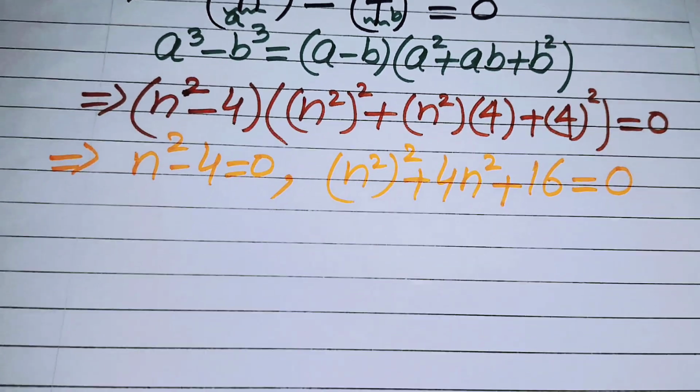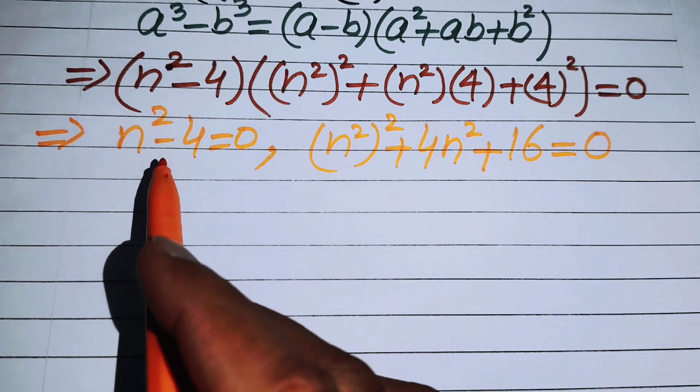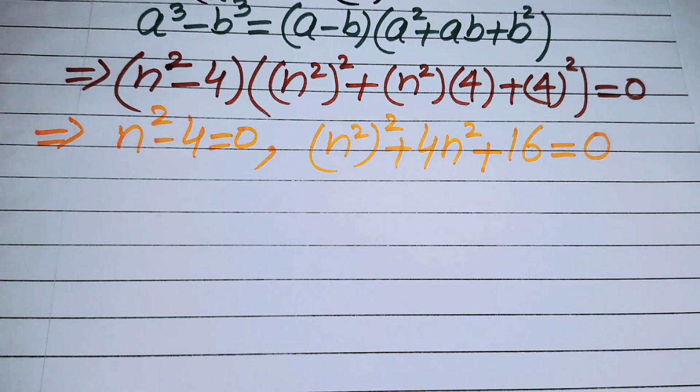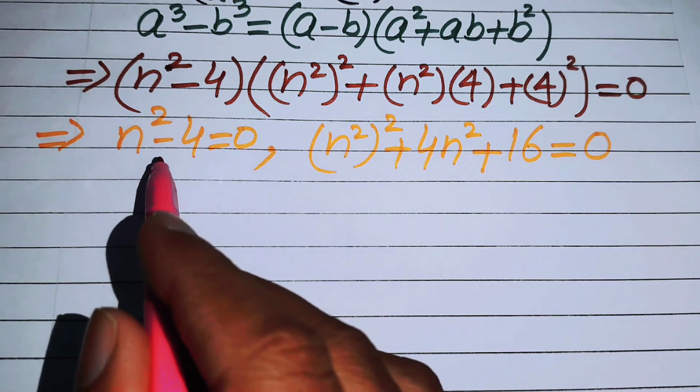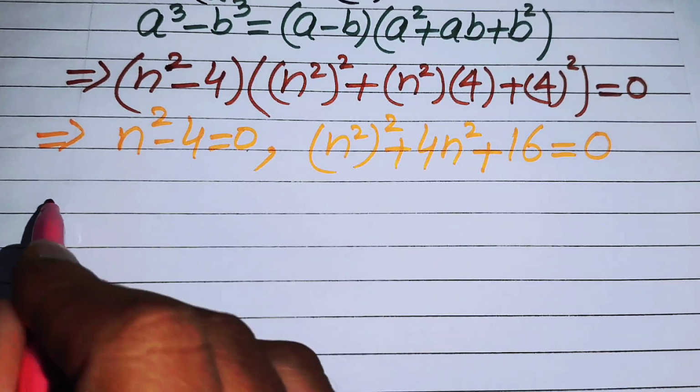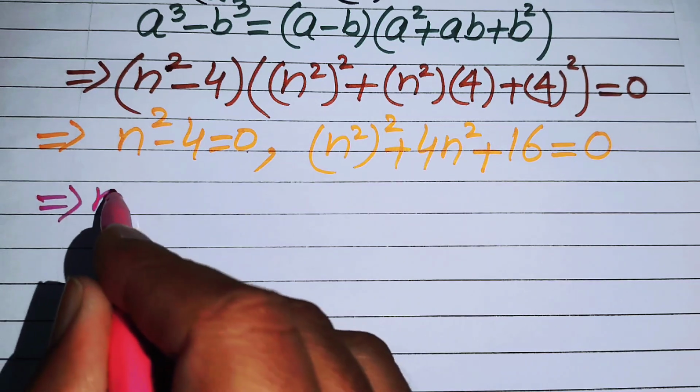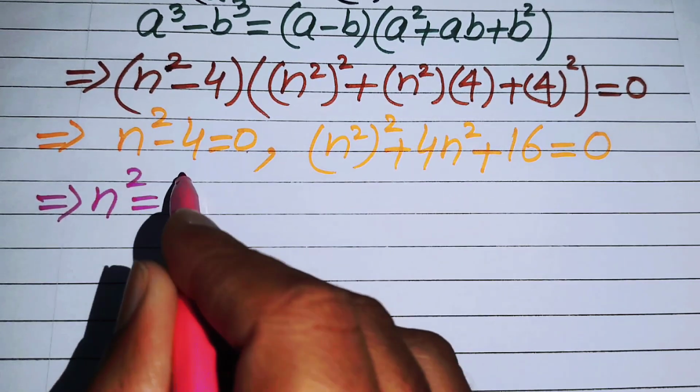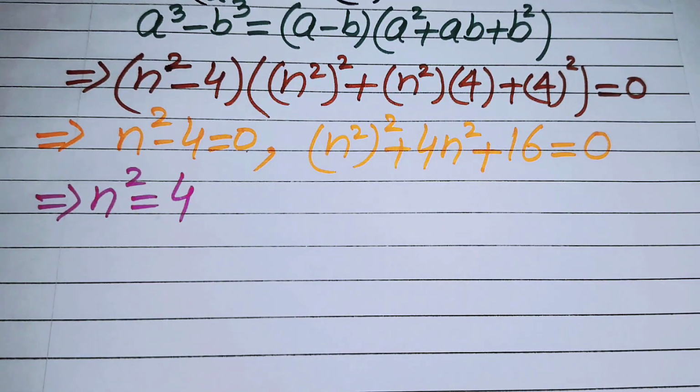So now first I can solve this case. In this case we find the value of n, and we move this minus 4 to the right hand side, and we obtain n squared equals 4.